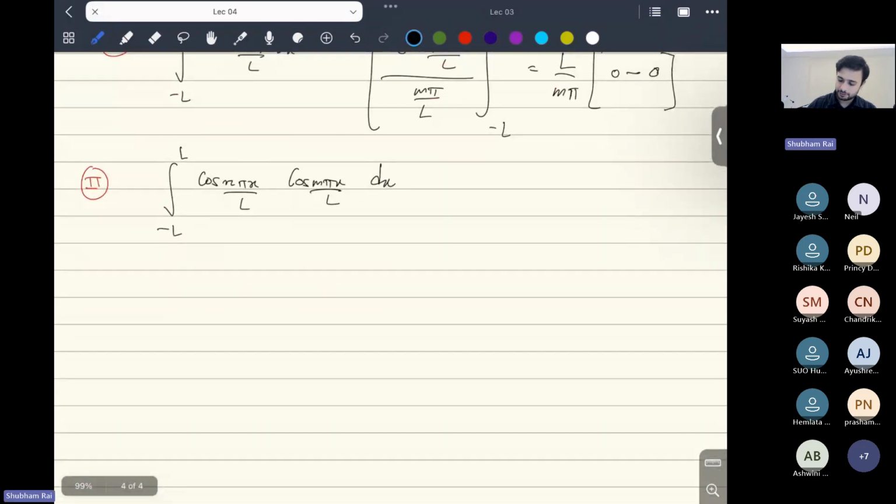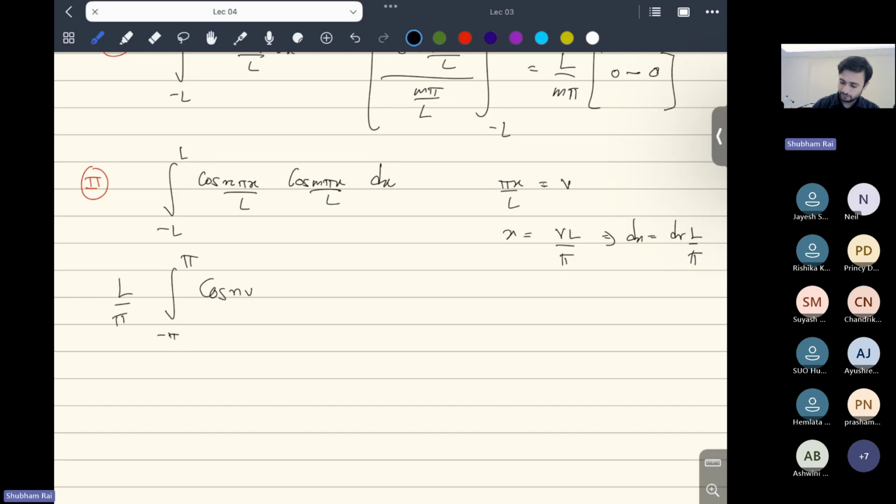Here I want to substitute pi x by L equal to v. So you will get x equal to L v by pi, and dx equal to L dv by pi. You do all those things, and you'll get the integral from minus pi to pi, L by pi, cosine of nv and cosine of mv.